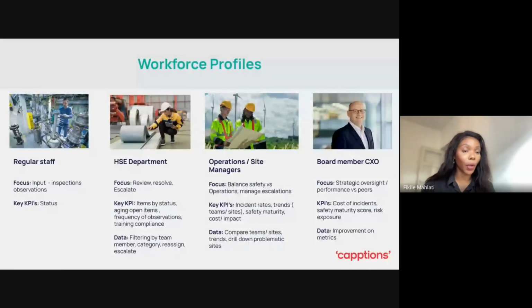With data flowing from the bottom up, we have the regular staff, starting from left to right. Their focus in relation to Capptions is ensuring that data is inputted into the platform, whether that is completing tasks, such as your inspections or your observations, whether they're scheduled or on an ad hoc basis.